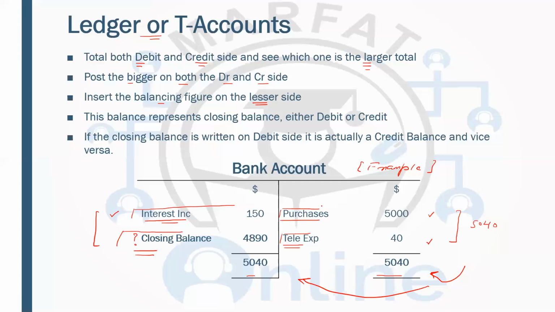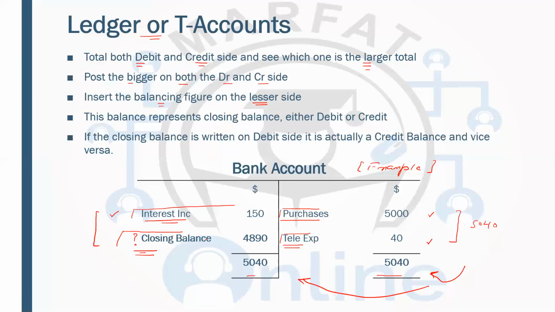We received 150 in our bank account, which is on the debit side, and we paid 5,000 for purchases and also paid for the telephone expense. What remains is 4,890, which is the closing balance. We are making the ledger balance, so this closing balance represents the balancing figure.